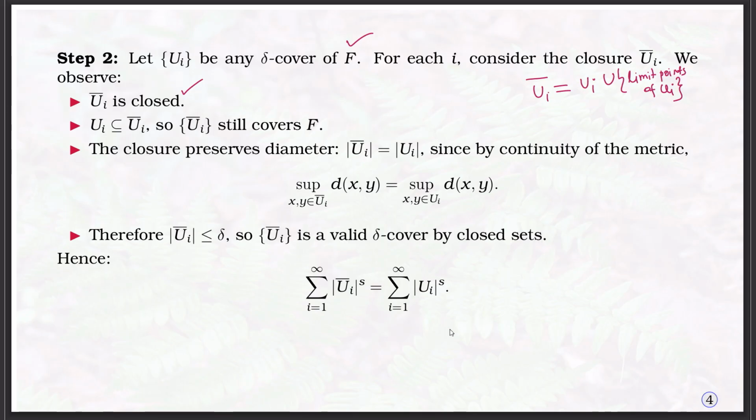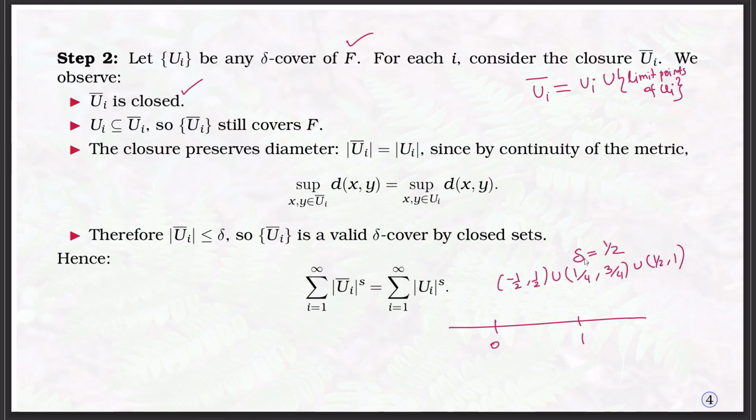For example, if you take the closed interval 0 to 1, and take delta as 1 by 2, then consider the open sets: the interval 0 to 1 by 2, union 1 by 4 to 3 by 4, then union 1 by 2 to 1.